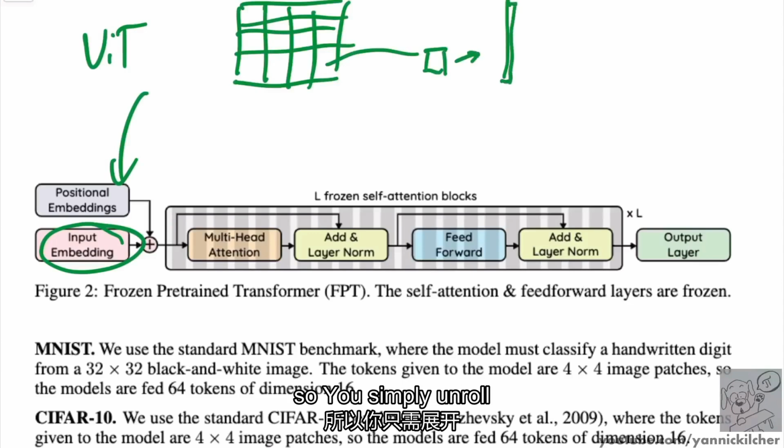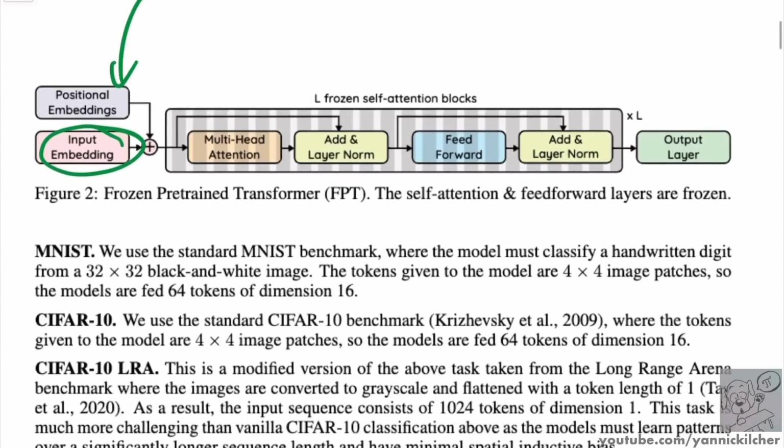So you unroll the pixels, and that is a patch, and the sequence of such patches is your input. Now, what follows are these self-attention blocks, and this is the majority of the transformer: L times these self-attention blocks. You always have an attention layer, and if you don't know what an attention layer is, I'm sure you'll find some video on YouTube that explains it.